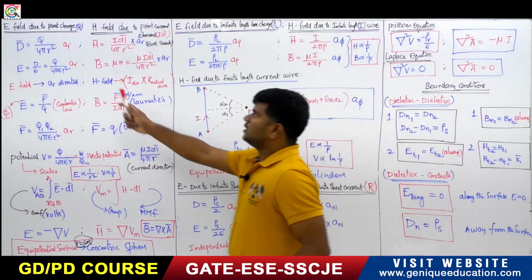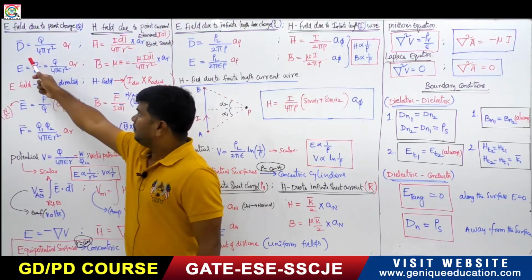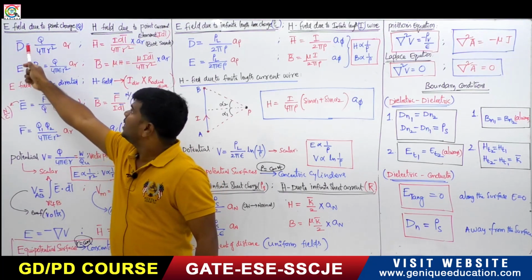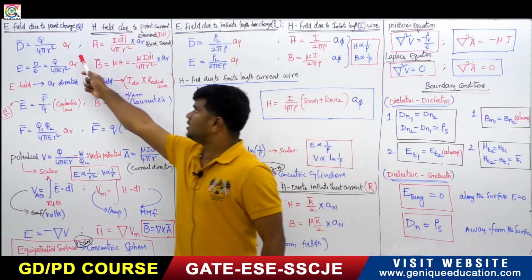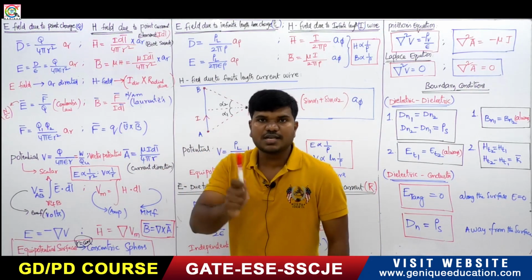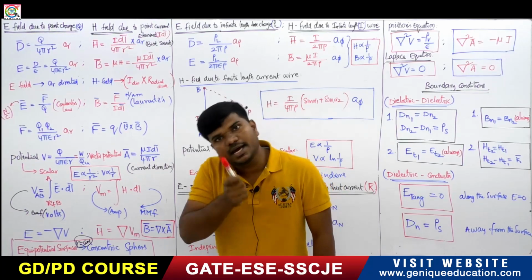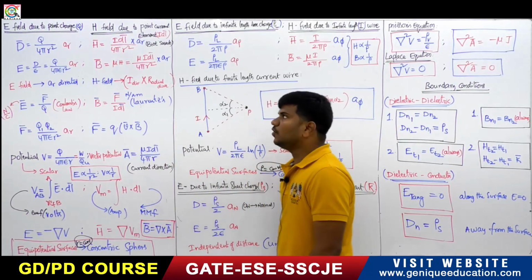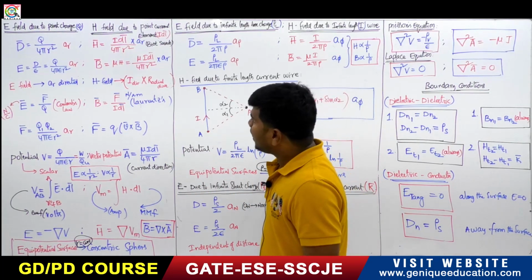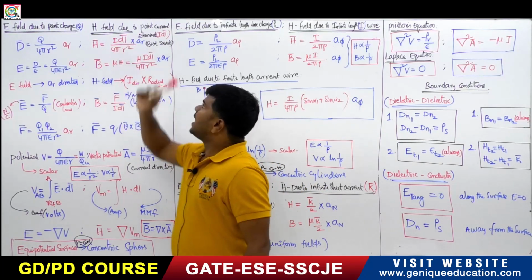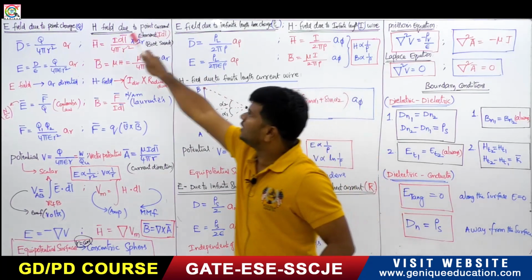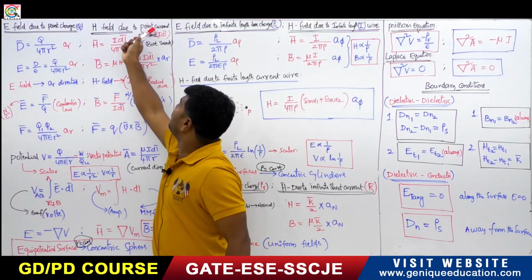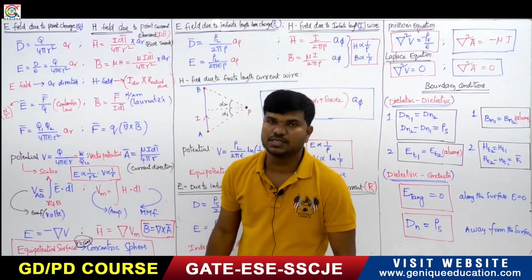Observe this, here D is given. D means the electric flux density, and it is equal to Q divided by 4 pi r square, in the AR direction. So the electric flux density will always be radially outward. Now similarly the magnetic field is defined by using Biot-Savart's law. Similar to this point charge, I am defining a point current element for the magnetic fields.